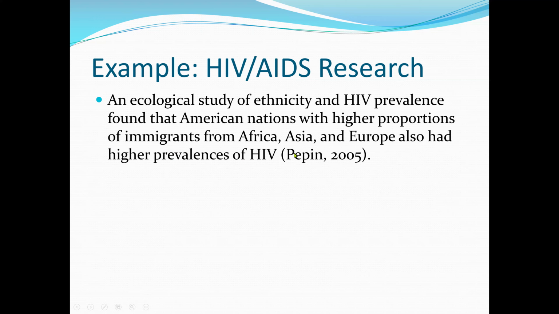This may be correct, but most likely if we compare at the individual level instead of using the average population data, we may have some individuals that may come from these regions, but their chance of having HIV or AIDS is very low, compared to even some other people from different regions.